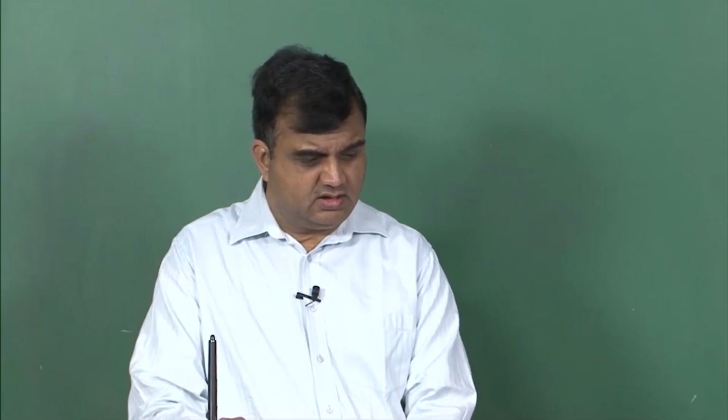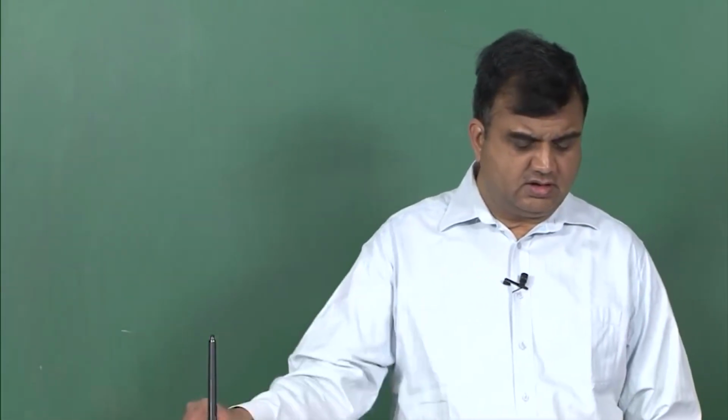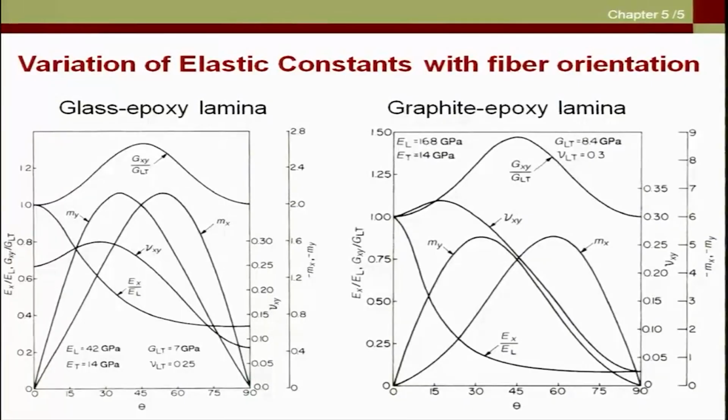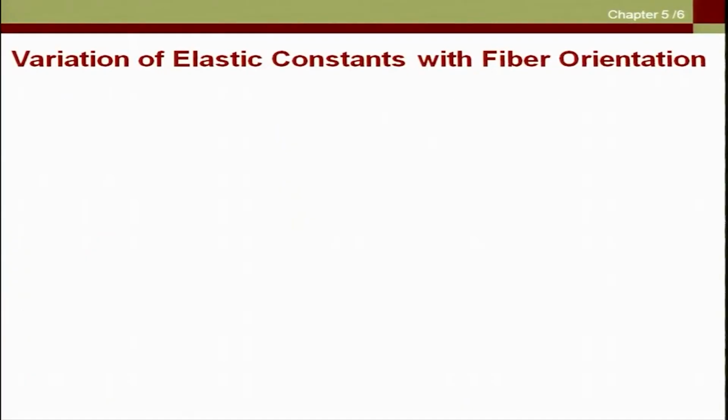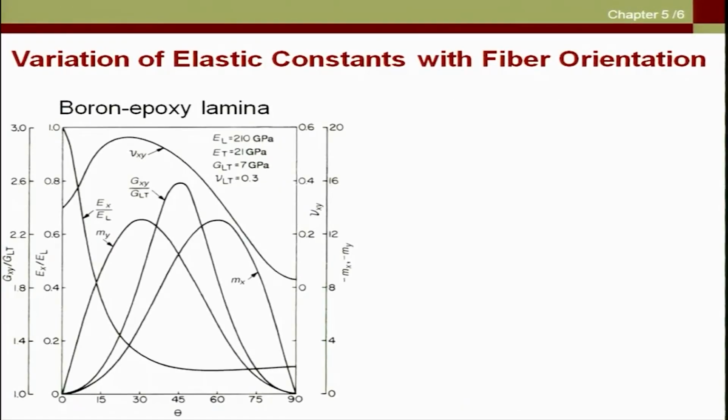These are the plots for Ex, Gxy, nu xy, mx, my and so on for glass epoxy lamina, graphite epoxy lamina and boron epoxy lamina.